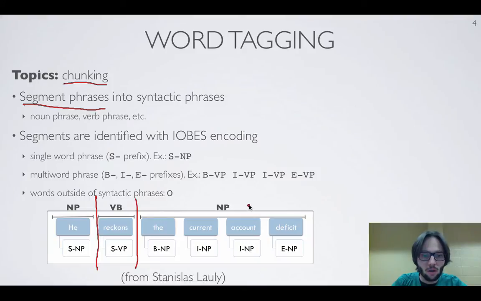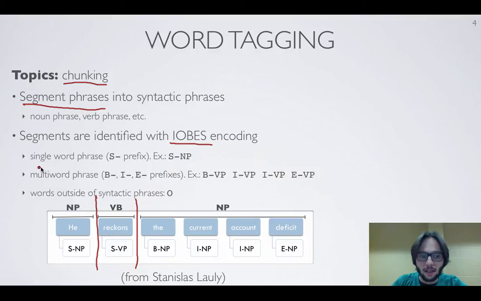And so it means that we have to somehow turn this problem of chunking or segmenting the sentence into an individual word tagging problem. The way this is usually done is by using some sort of encoding, identifying the beginning, the middle, and the end of the segments. One type of encoding is the IOBES encoding.